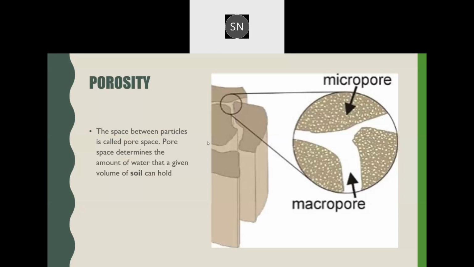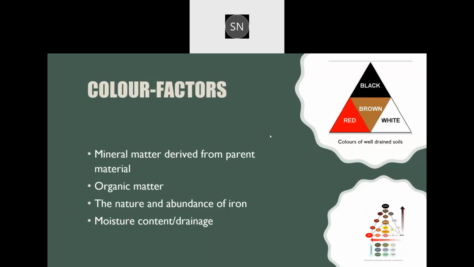Porosity: when explaining density, I already talked about macropores and also micropores. Soil colors. If you notice, there are certain types of colors in soil. Basically, we have four types: that is red soil, black, brown, and white soil.